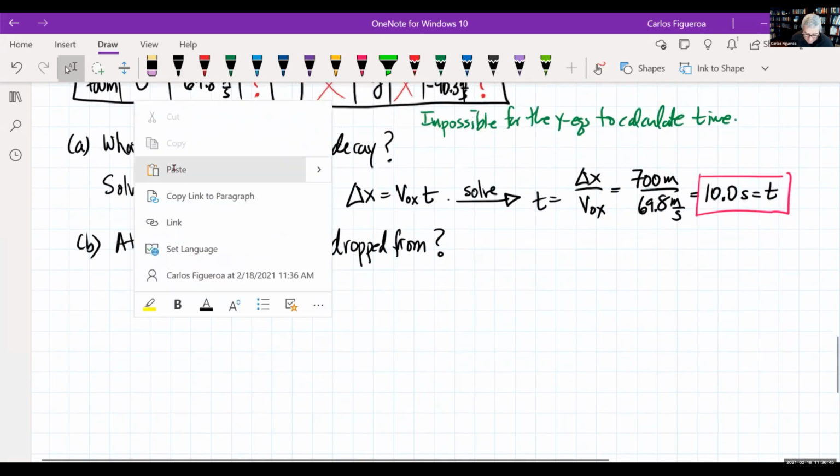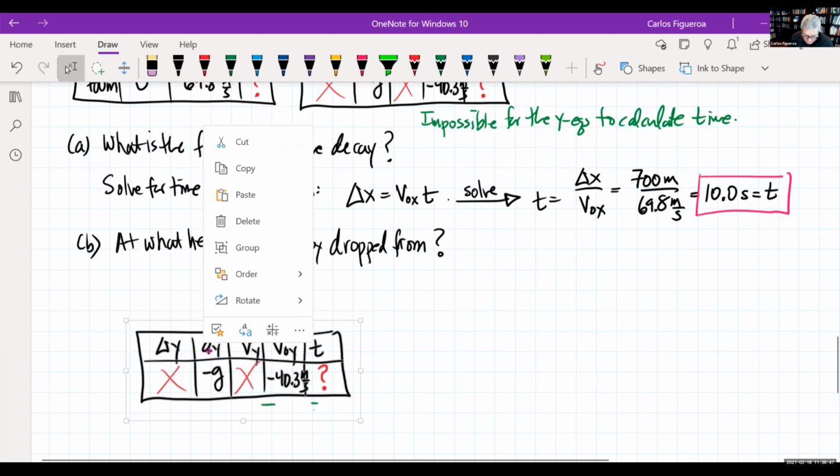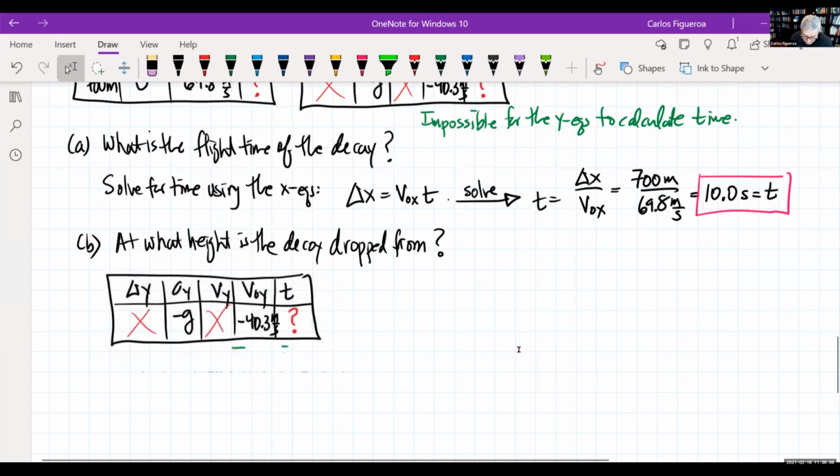And what I'm seeing here is that we now know what that time is. We just solved for it. And because we just solved for it, I now know that this guy is 10 seconds. That's new information.